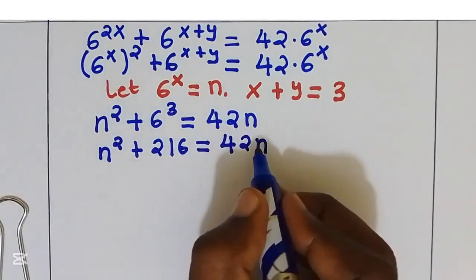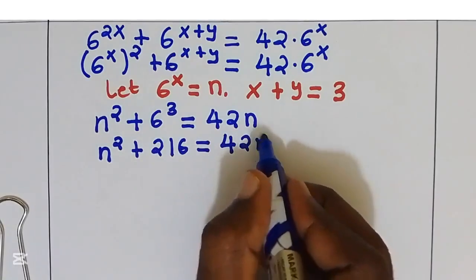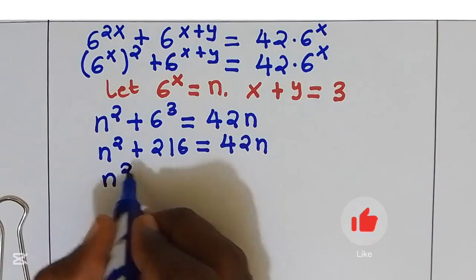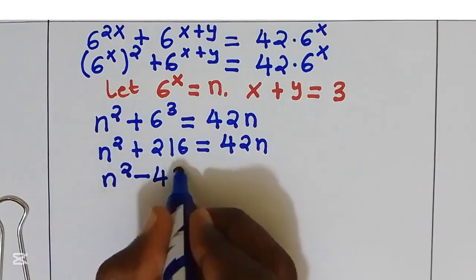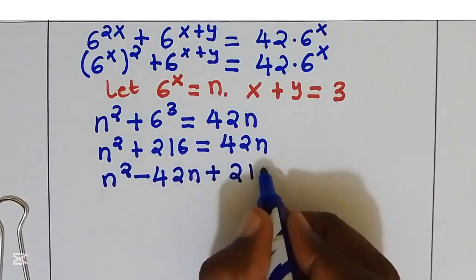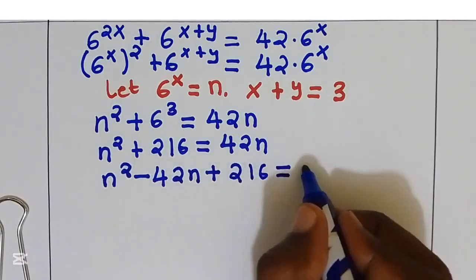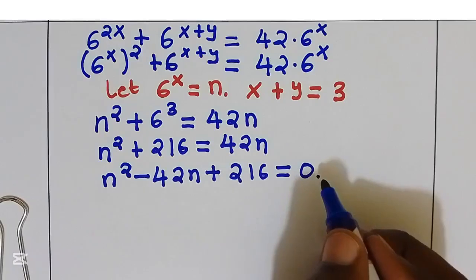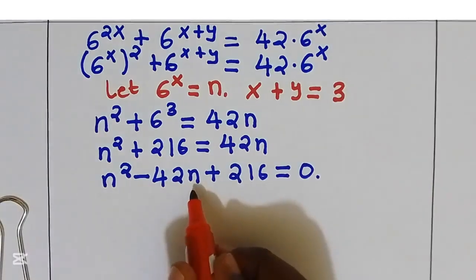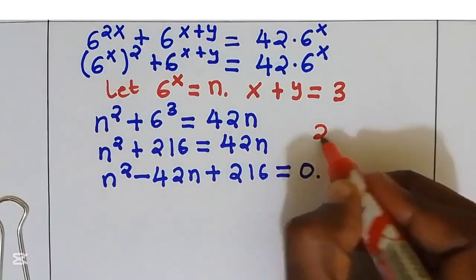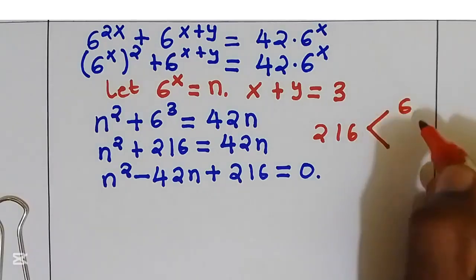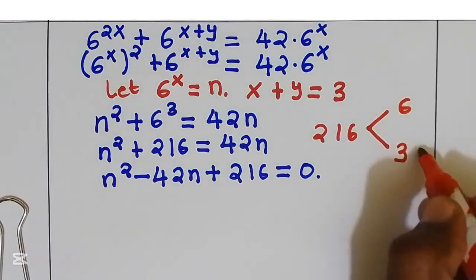I'm going to form an equation here. I'll bring 42n to the other side. That is going to be n square minus 42n plus 216, this is equal to 0. I'm going to factorize by splitting the middle term. 216 is the same as 6 multiplied by 36.